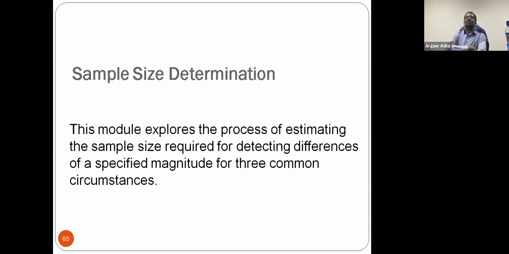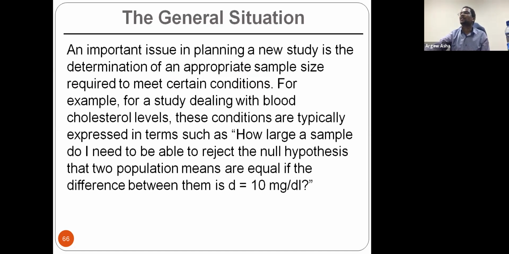So when we look at sample size determination, one thing it depends on is the planning point of view. Are you going to do a new research or new study, or are you going to do an extension?